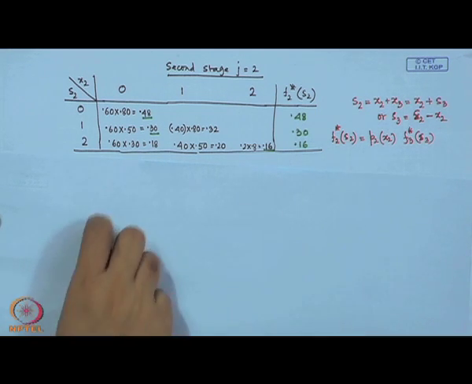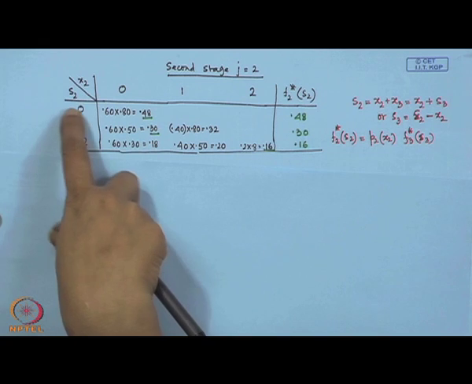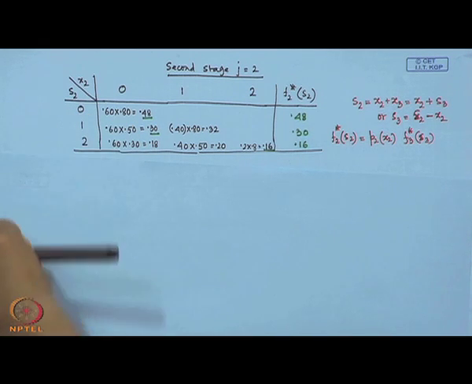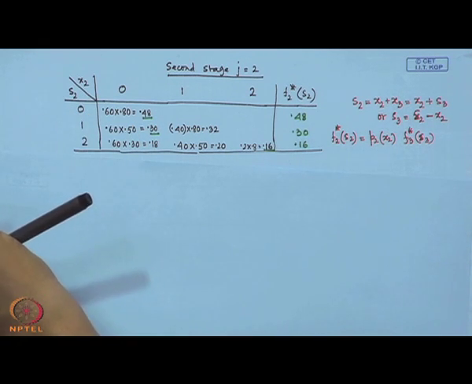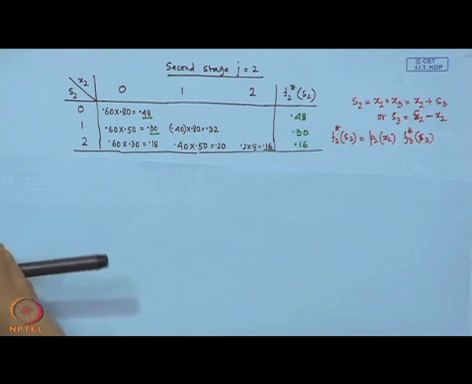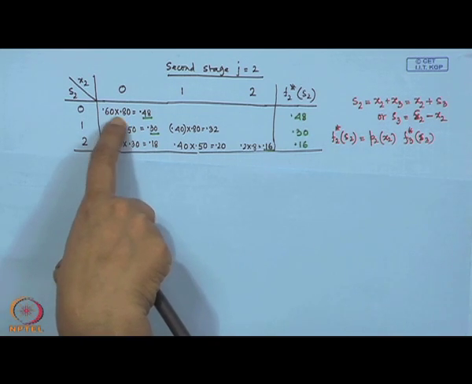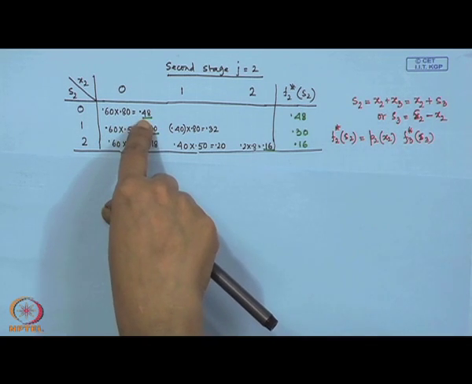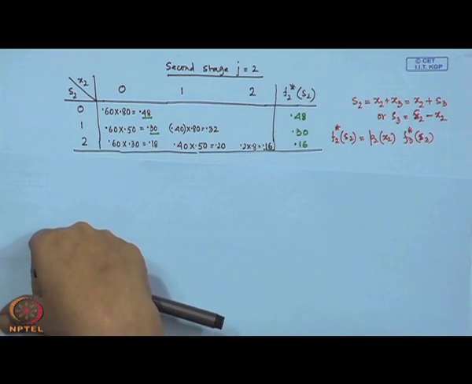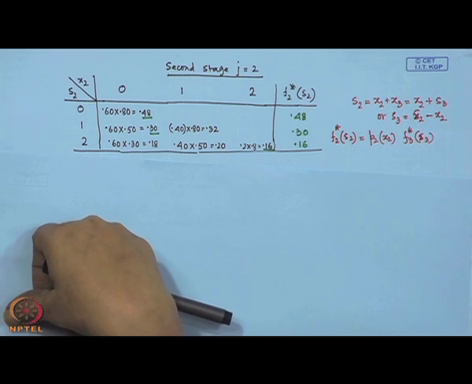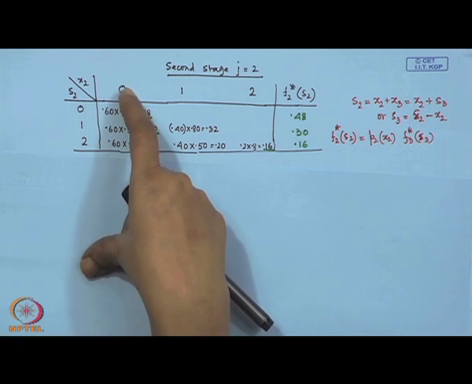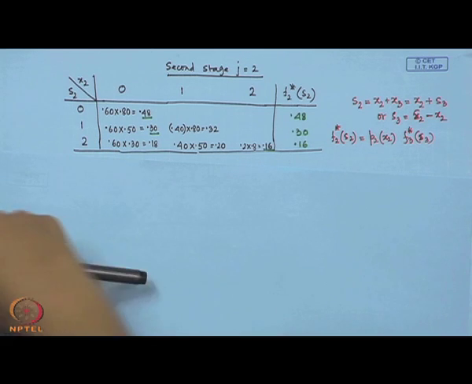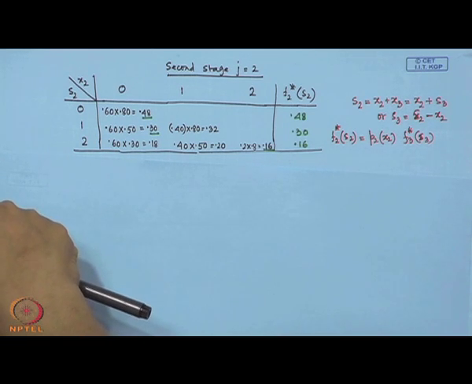Then we can calculate the probability value when x2 equal to 0, S2 equal to 0. That means team B or C, they are not getting any new scientist. Then the probability would be the multiplication of the corresponding probability 0.6 and 0.8. For 0 addition, it is coming 0.48. Now, for the next, when x2 is 0 but S2 is 1, that means team C got one scientist but team B did not get any scientist.